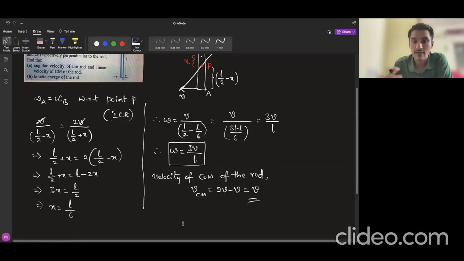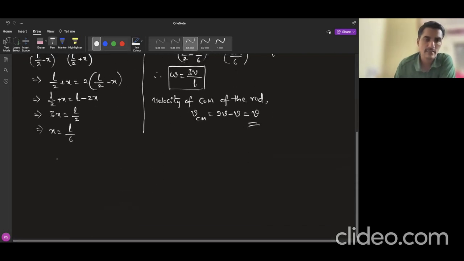One very important point to be noted: the kinetic energy of the rod is the total kinetic energy, that is, kinetic energy due to pure translation plus kinetic energy due to pure rotation.